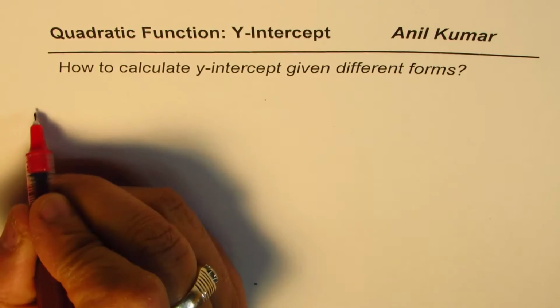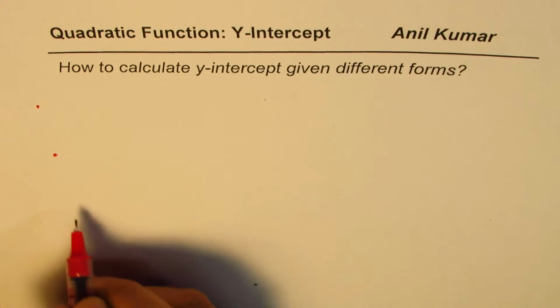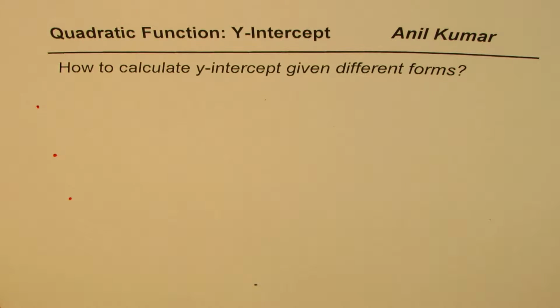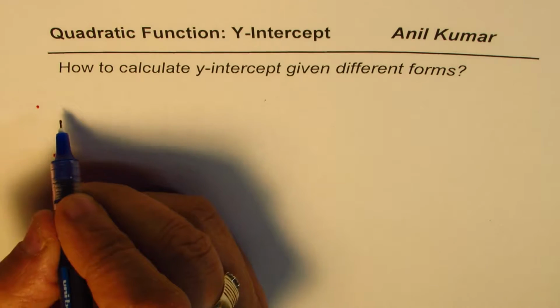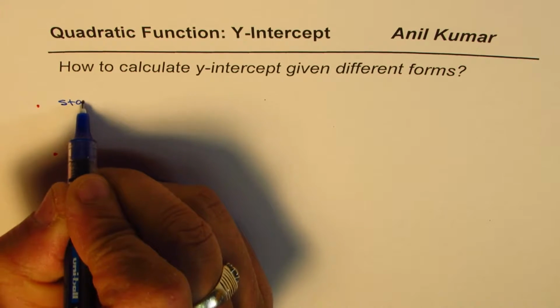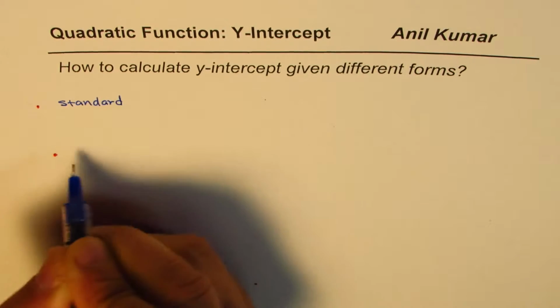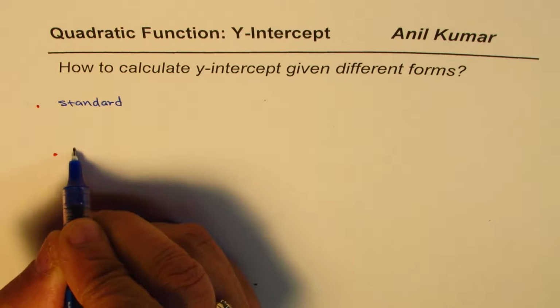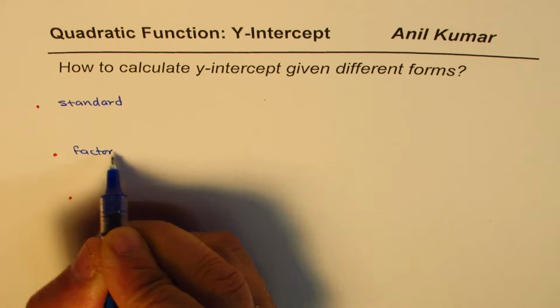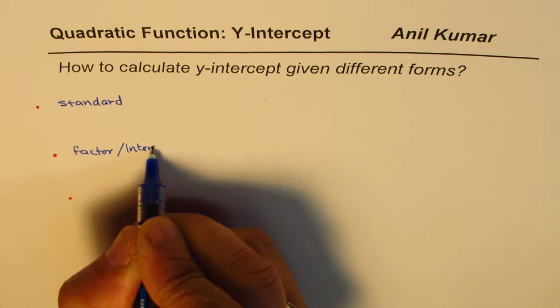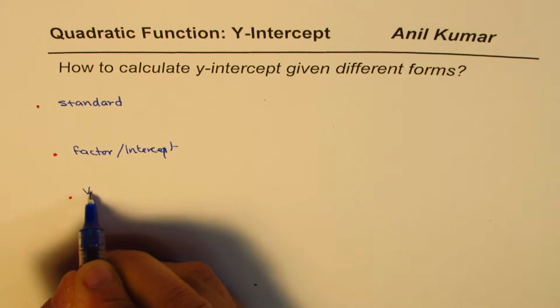Now there are three different forms which we have been talking about in this series. Let me write them down. One is called the standard form. One is called the factored form or intercept form. And then we have the vertex form.